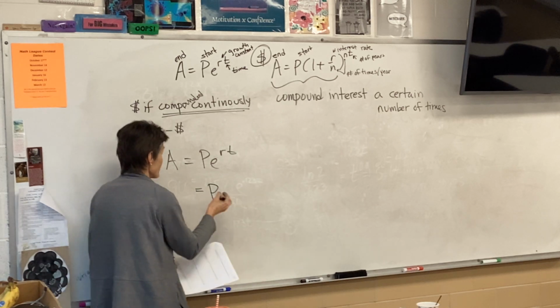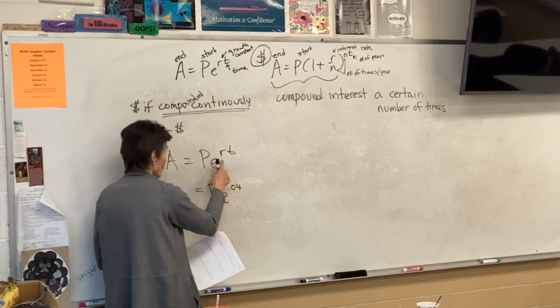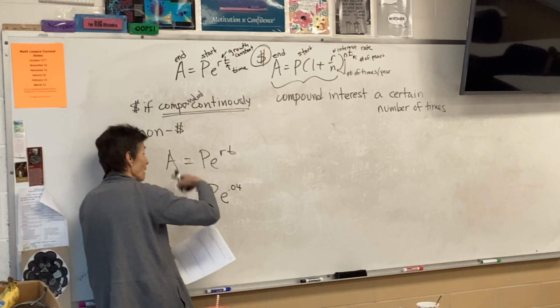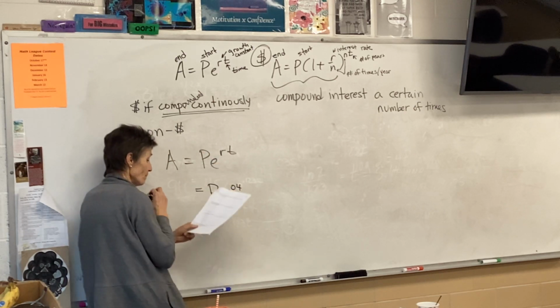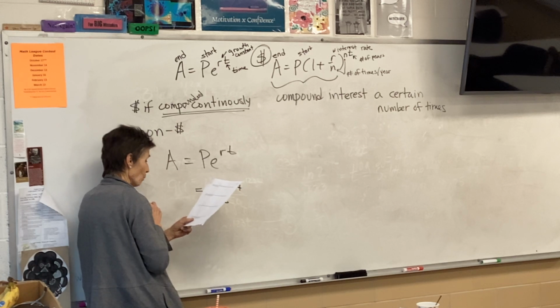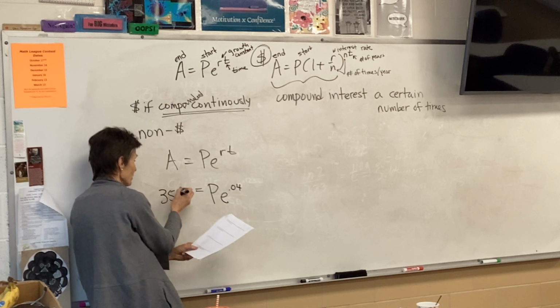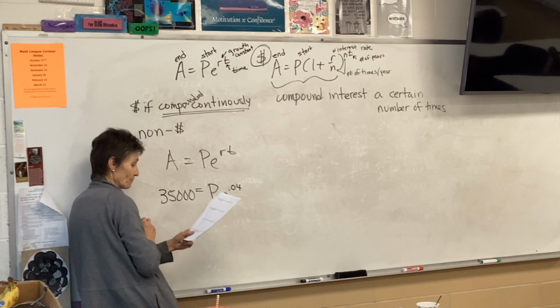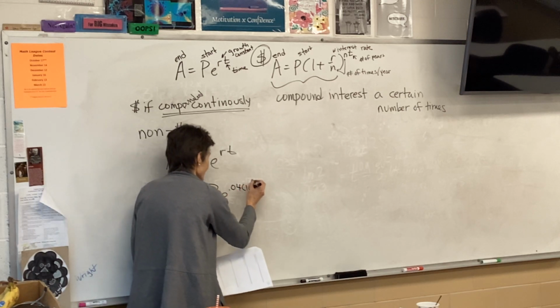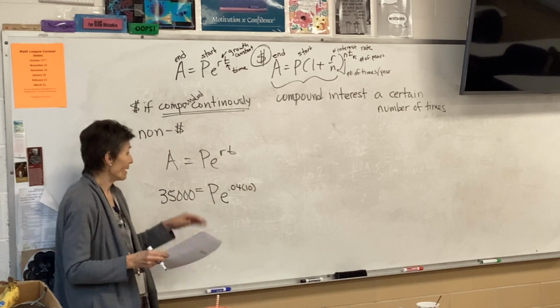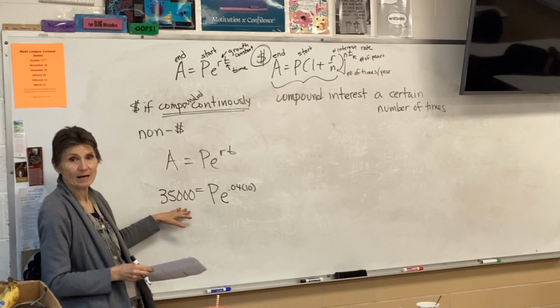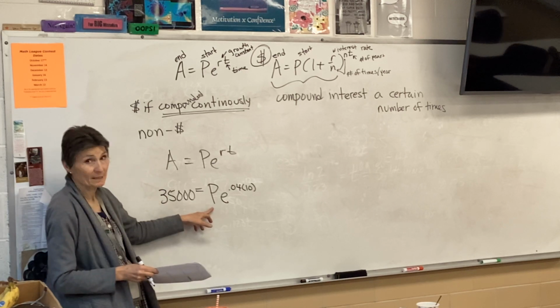The interest is 0.04, so the growth constant, the growth rate of my money is 0.04. I want to end up with $35,000 in 10 years. So my ending amount is $35,000. I don't know my beginning amount.